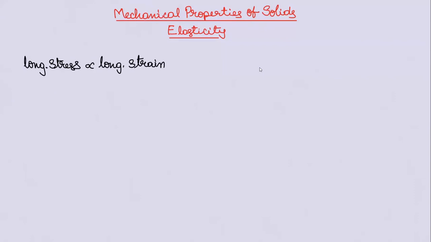Now, stress can be written as force by area. The proportionality constant is Young's modulus in case of longitudinal, and strain will be change in length by original length. This is the basic formula that we are going to focus on right now.